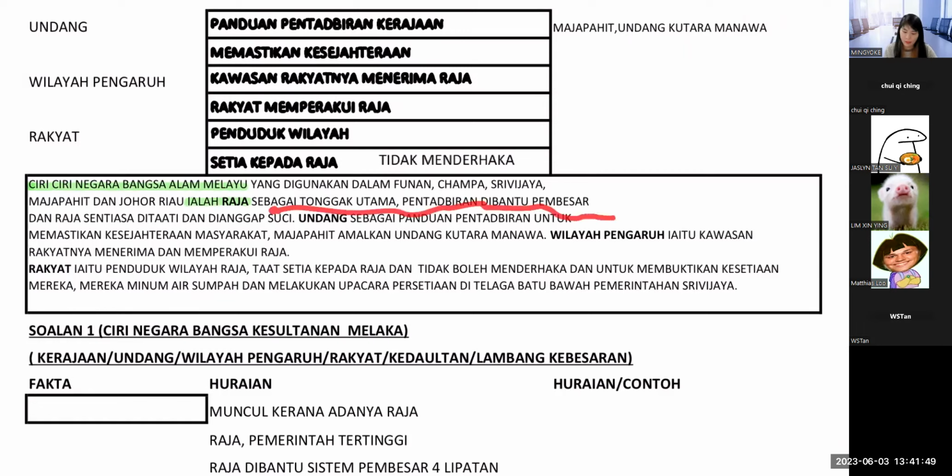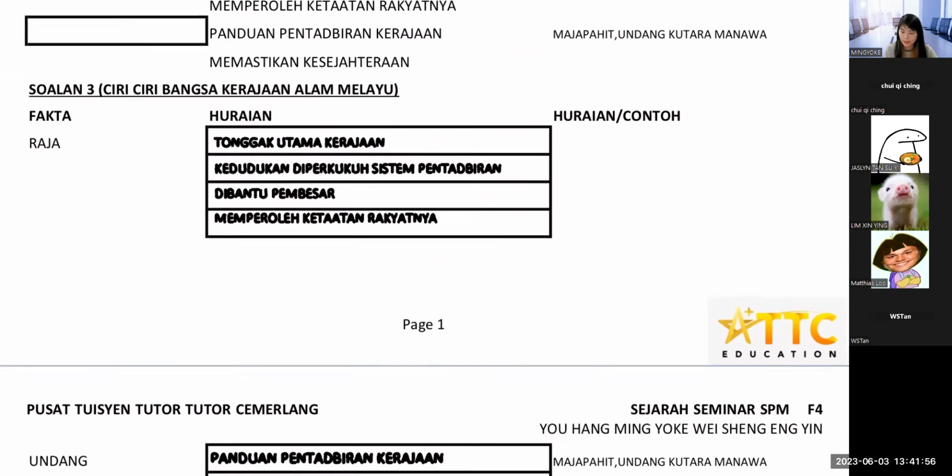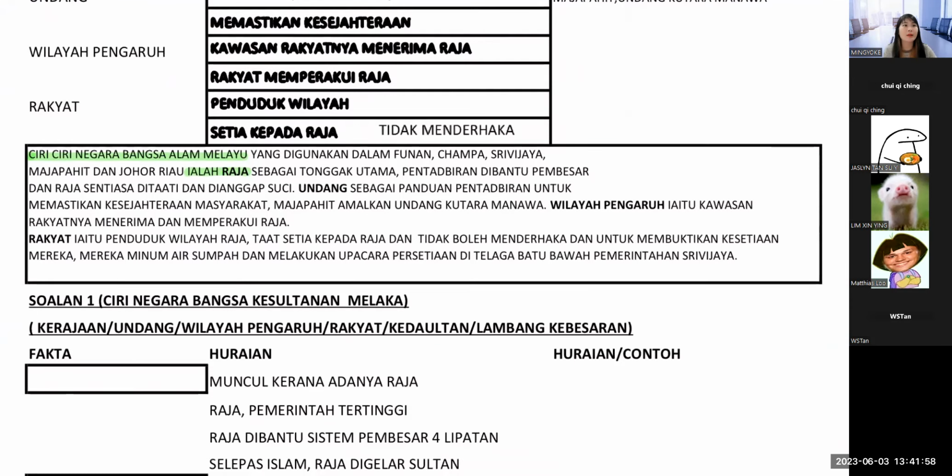Selain itu, pentadbiran dibantu pembesar, serta raja sentiasa ditaati, dianggap suci. Or you can write back the same one, serta memperoleh ketaatan rakyatnya. Then, other than that, ciri kedua, undang-undang. In exam, you don't write like me, undang only, it's undang-undang. You have to write full, undang-undang. Then, other than that, then wilayah pengaruh.